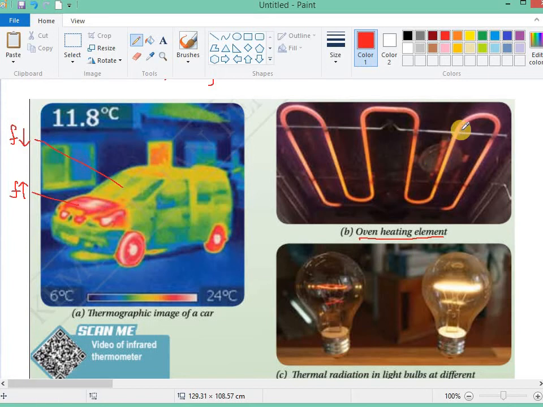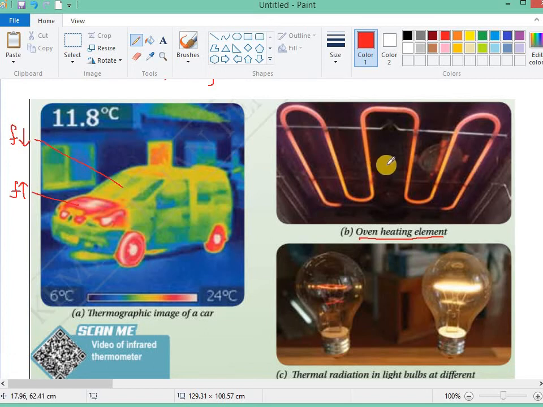So here you can see that when the metal is very hot, the frequency of the electromagnetic wave that is produced is at a higher frequency. That means the frequency is so high that the electromagnetic wave that is produced is within the visible light wavelength.